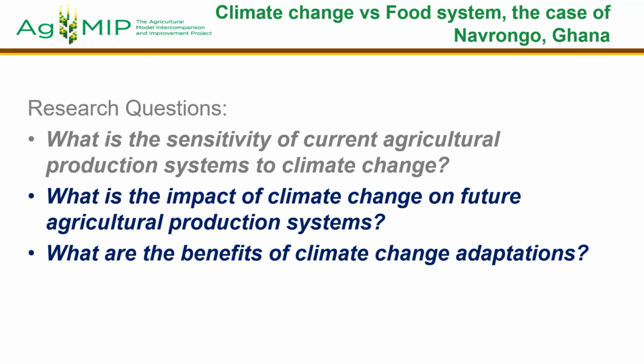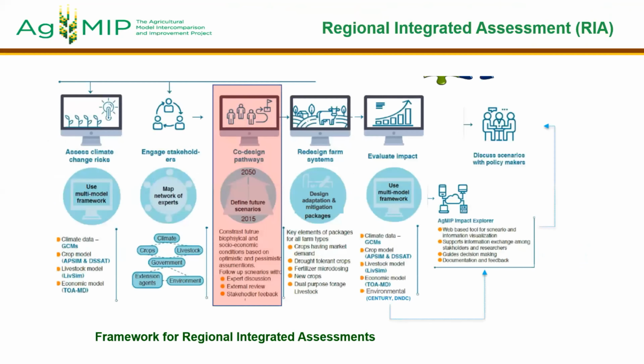This is where the RAPs that were spoken about by Cynthia and Sabine would come in. In future production systems where the socioeconomic, technological, and other institutional factors are changing, how would climate change impact be? And then finally, to look at the benefits of climate change adaptation.